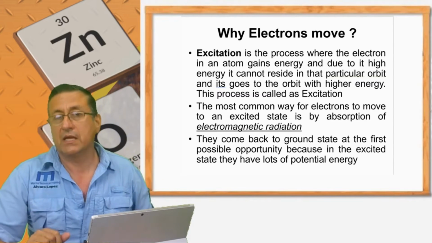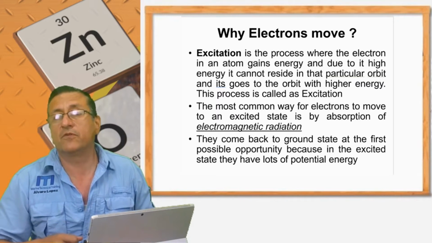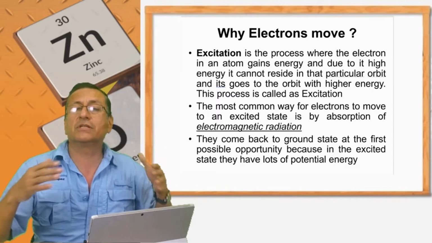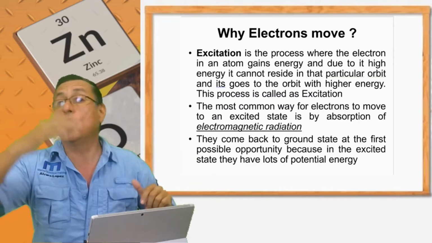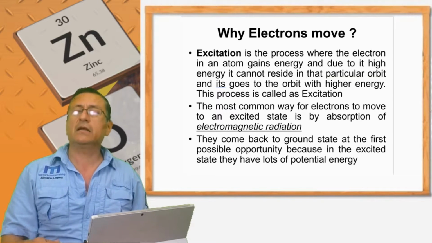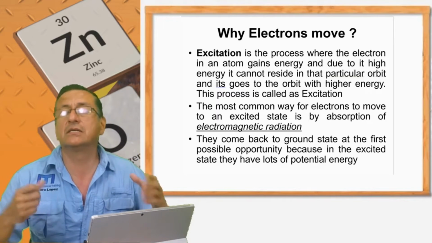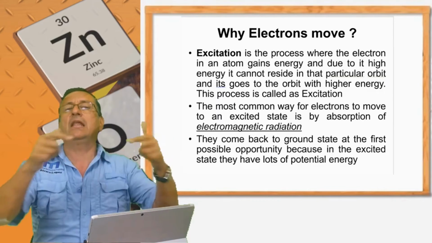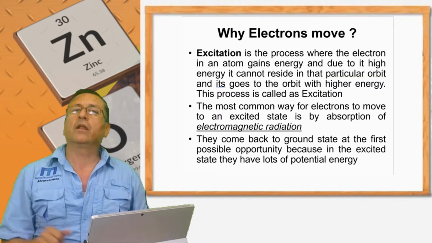In other words, if I have an atom and I add energy, for example heat, the outer electrons, the electrons of the last orbit, try to jump to another atom. Is it clear? If I excite the atom, the outer electrons in the last orbit jump to another atom.